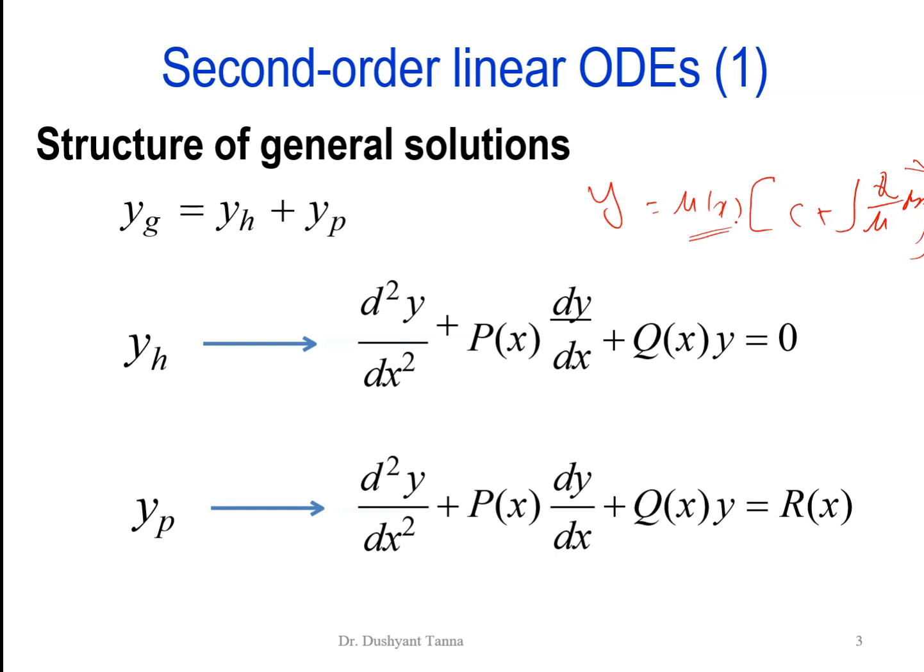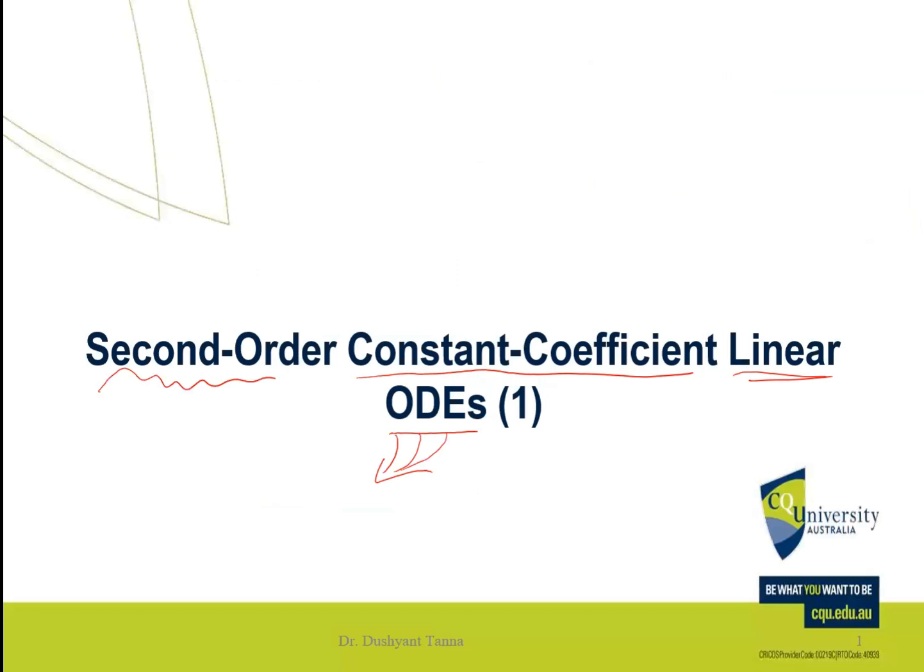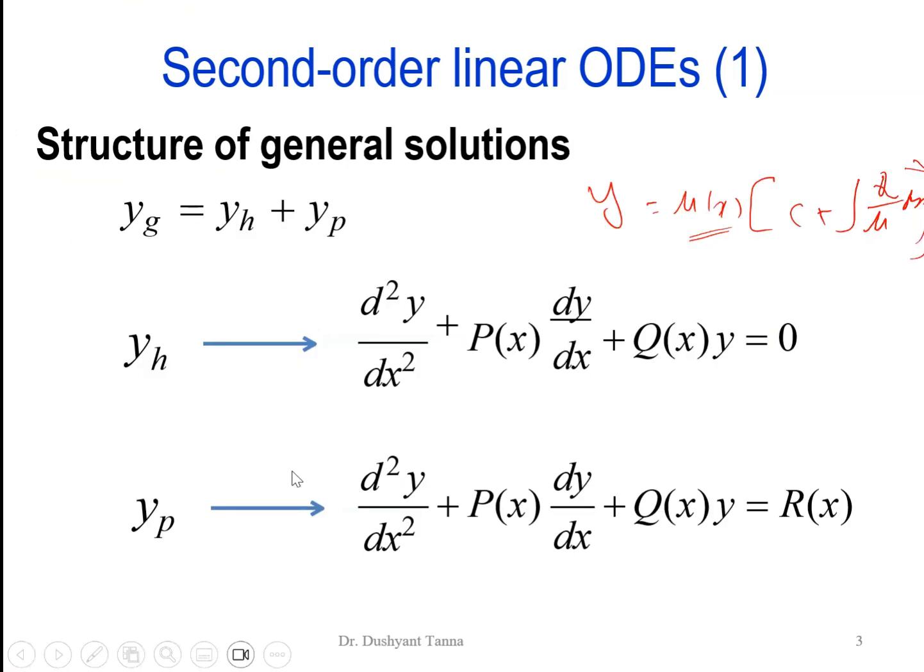So please remember that. So there was two parts. That's more essential thing, yeah? Yh plus yp. With a constant coefficient, as you know, we are talking about constant coefficient in today's session, but in week 6, we'll be talking about variables as well, right? Okay, but slowly, we are building up, okay?